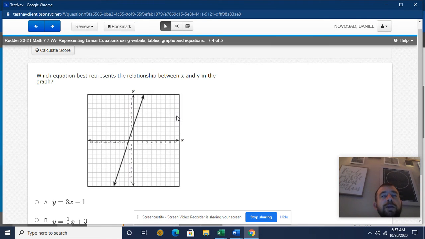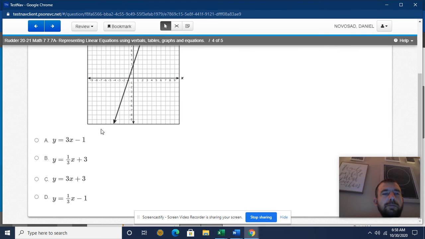For this one, you should be using your graphic organizer. You have a link back on Schoology. If you don't know what I'm talking about, please go back and look at Schoology for that link for the graphic organizer, and you should be building a table. Once you have some points in your table from this line, come down here and ask, which one of these makes your table work? Make sure you try 2 points from your table.